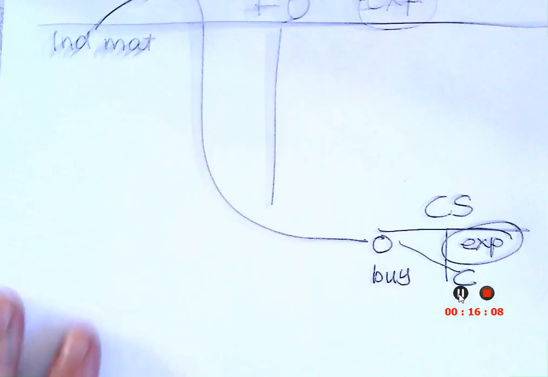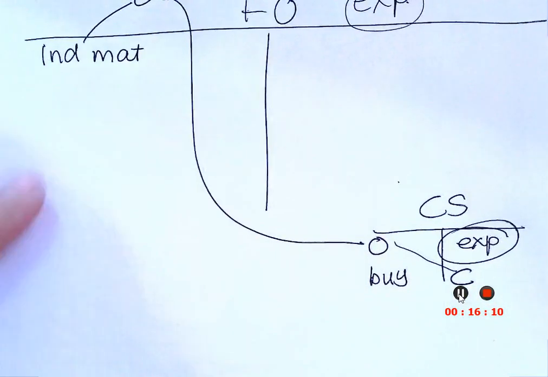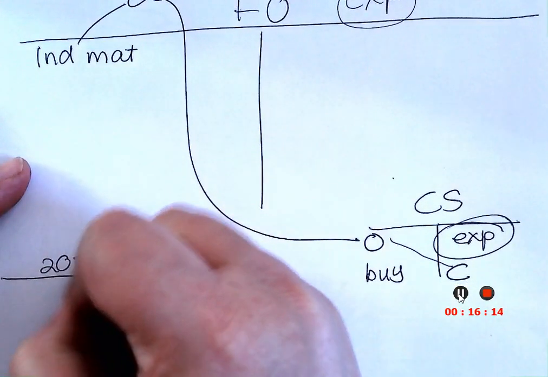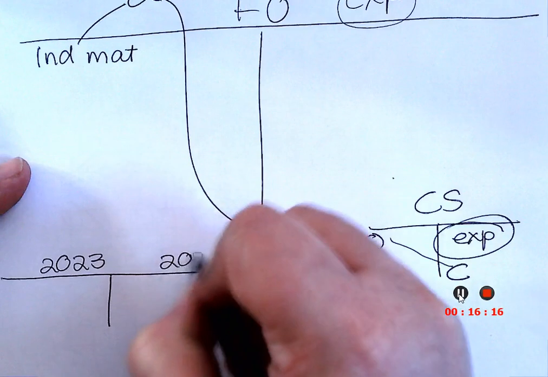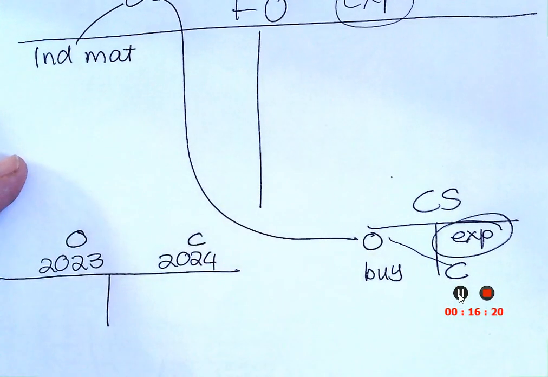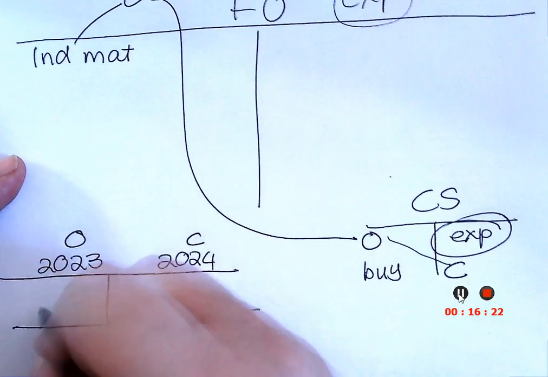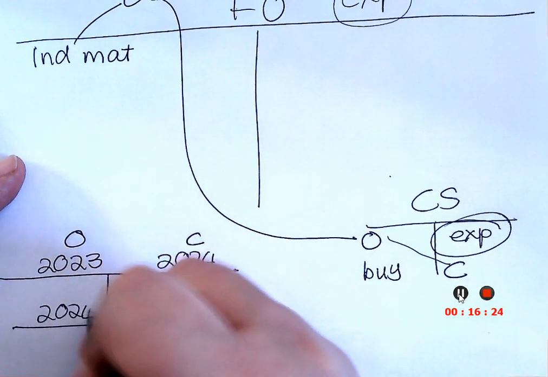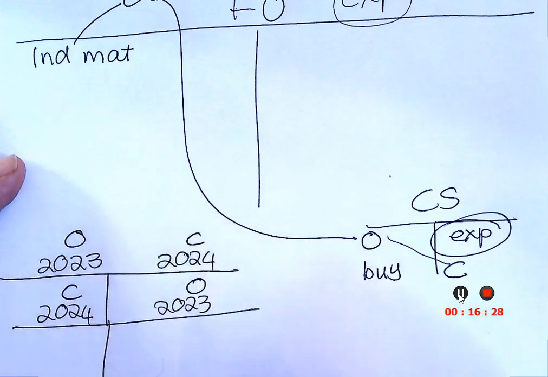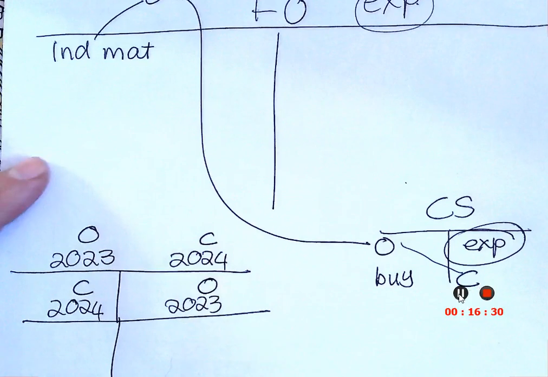And I'm saying again to you, be awake, because they can give you your balances as 2023, 2024, meaning this is my opening, this is my closing. But they can also give it to you 2024, 2023, meaning this is my closing, this is my opening.